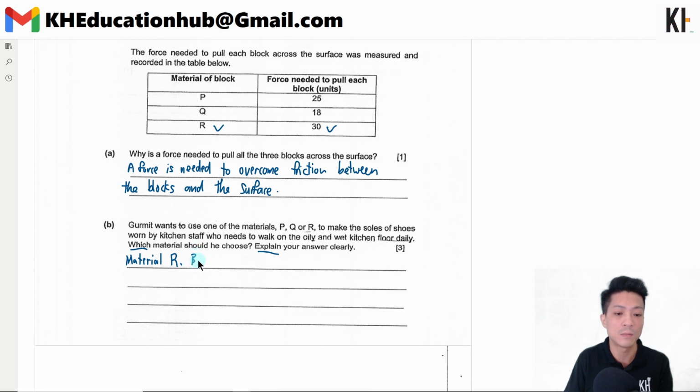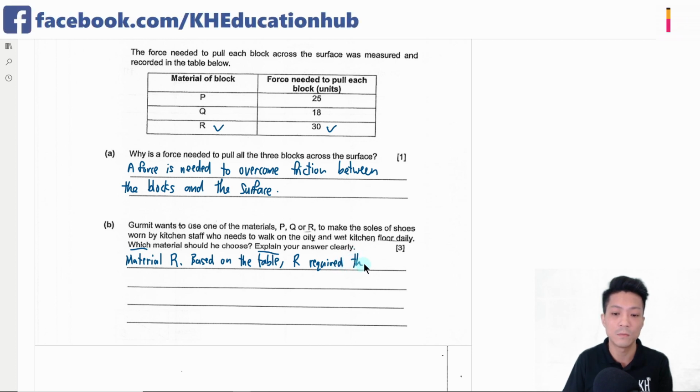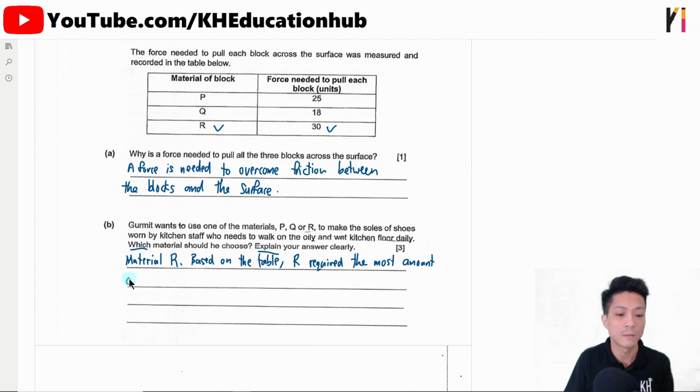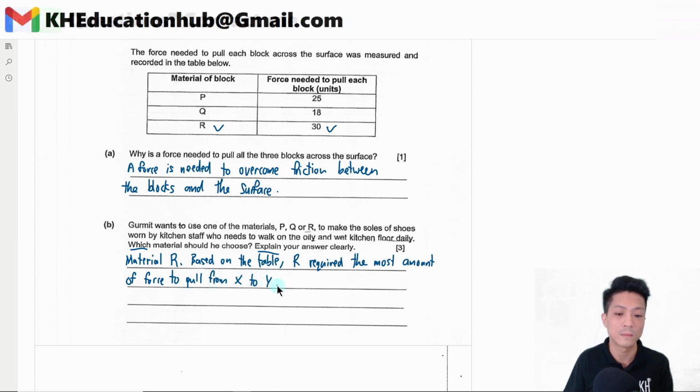So based on the table, R requires the most amount of force to pull from X to Y. Okay, so what does this show?